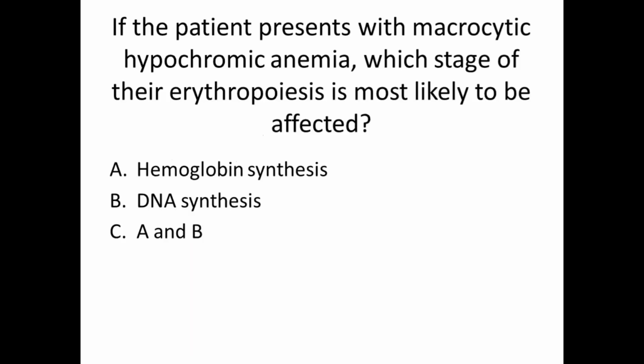Okay. If the patient presents with macrocytic hypochromic anemia, which stage of erythropoiesis is most likely to be affected? It is also a sneaky question, and this one was dependent on your article.